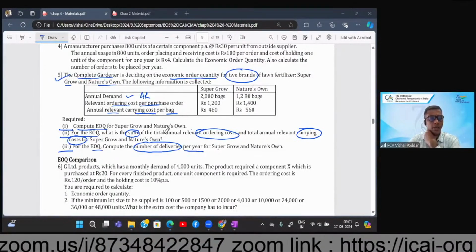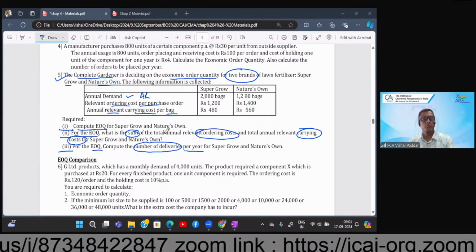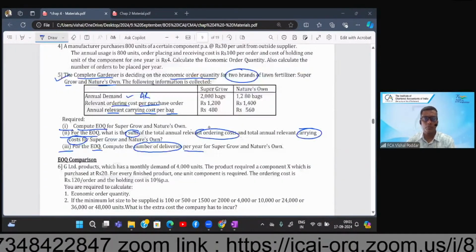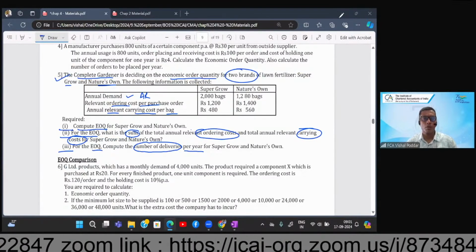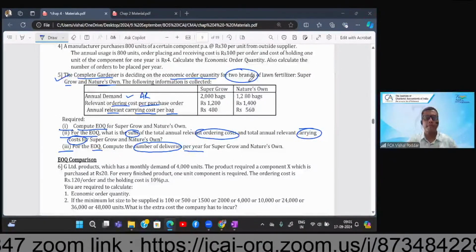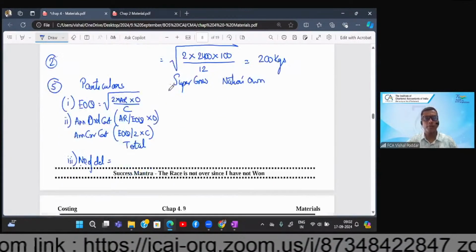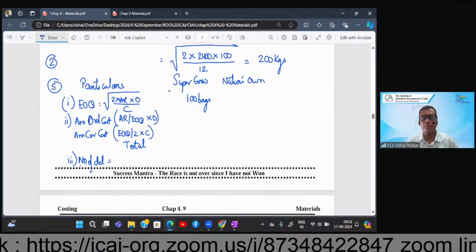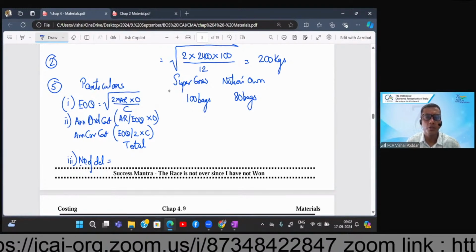Nature's Own is 80. Good. Yes, you are right. So the EOQ is 100 bags, 80 bags.